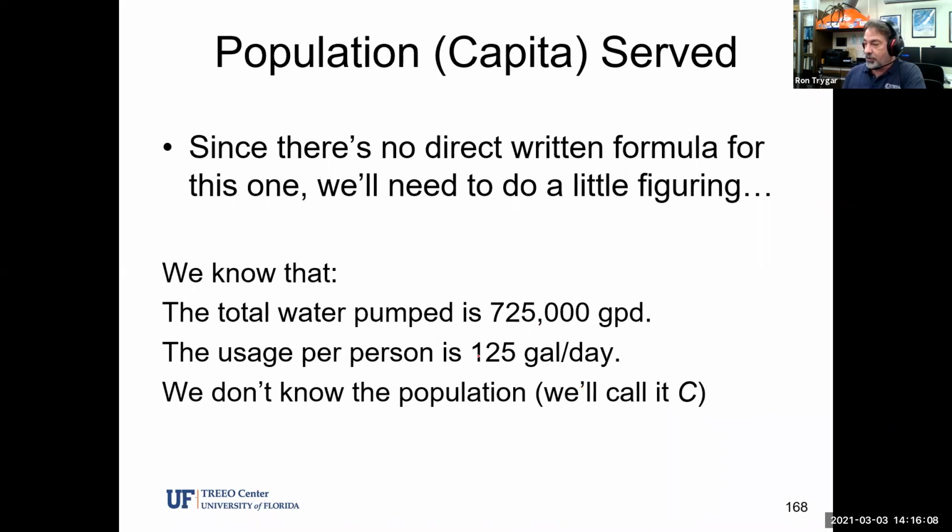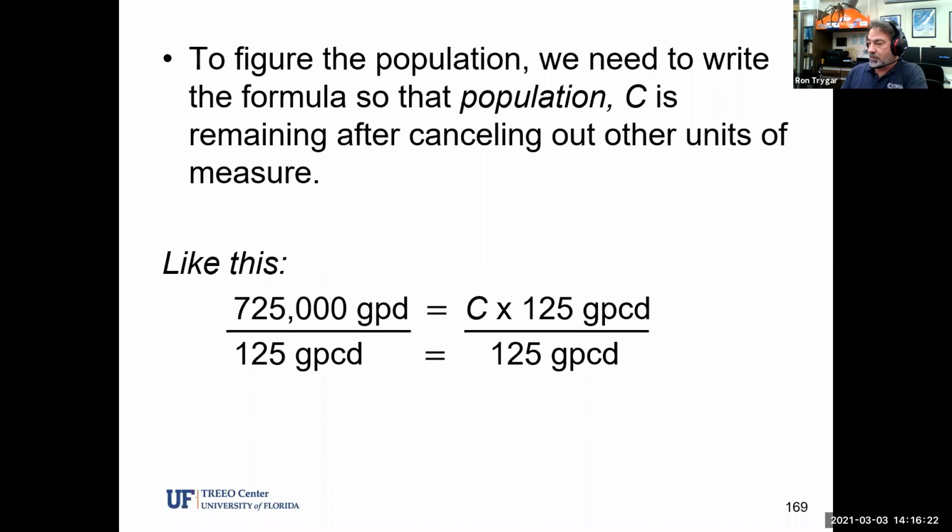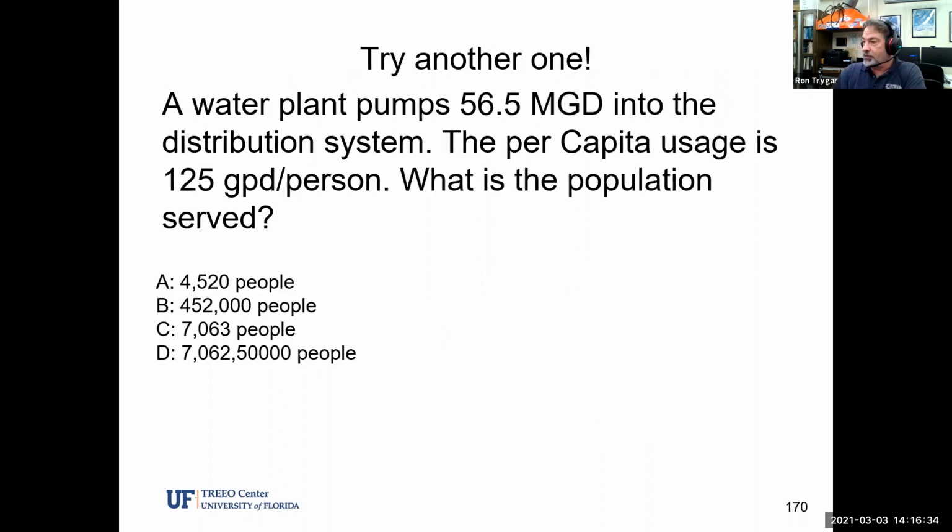We know that there's 125 gallons per person per day, and the population is known as the per capita. And we end up with, we said, 5,800 people. That's basically it. So try another one.